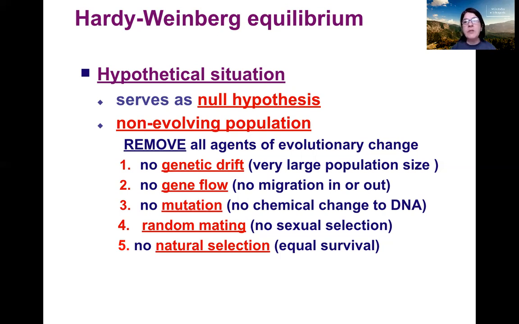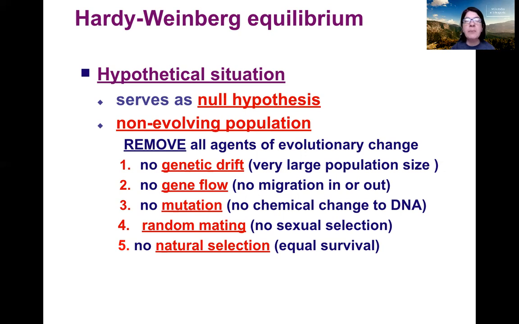Okay. Now, a non-evolving population can exist only if we remove all of the agents of evolutionary change. And those agents are genetic drift, and we're going to talk about that later. There's no genetic drift only if we're dealing with very large populations. No gene flow, which means no migration in or out of the population. No mutations, so there are no chemical changes to the DNA.